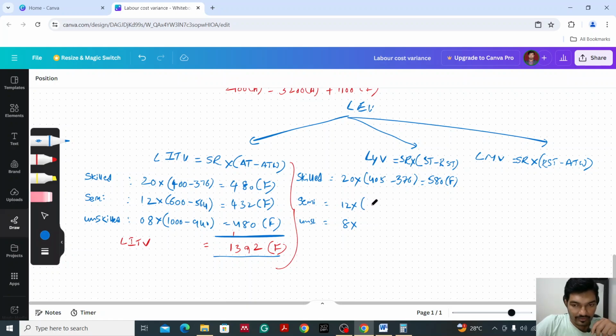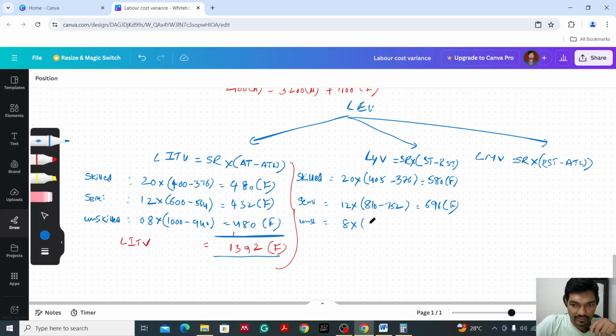Similarly, 810 is the standard time minus the RST revised standard time of 752, and we are getting again a positive value of 696 favor.